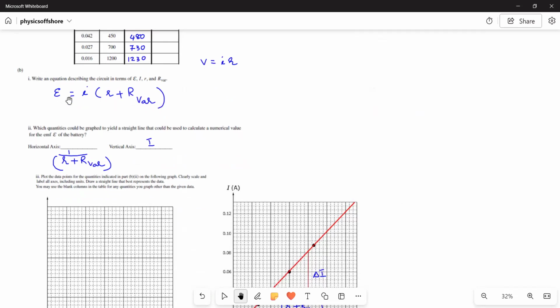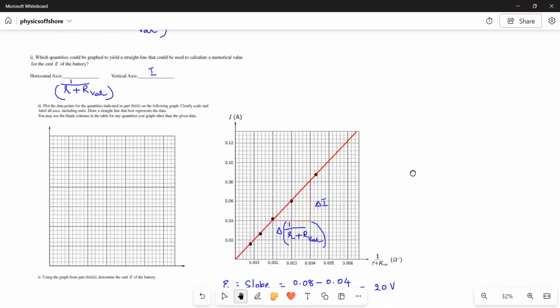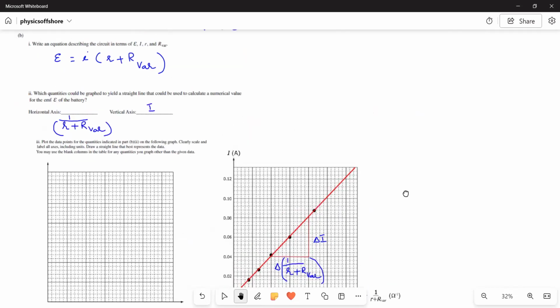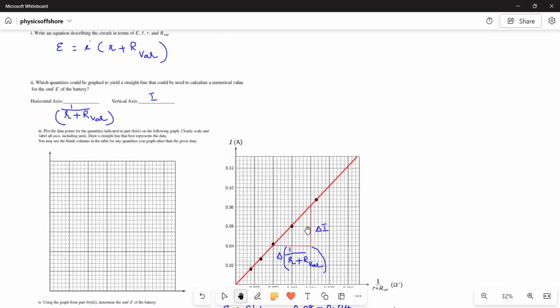So to find E, we have to draw either 1 by (R plus r) versus I, or the inverse of I versus R. That means on the horizontal axis, we take the inverse of the resistance, and on the vertical axis you take the current. So that the rise over run, that means the slope, directly gives the E.